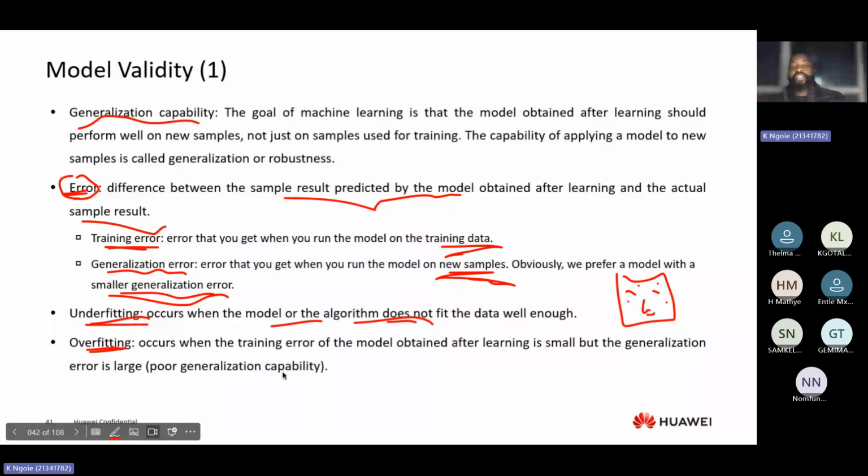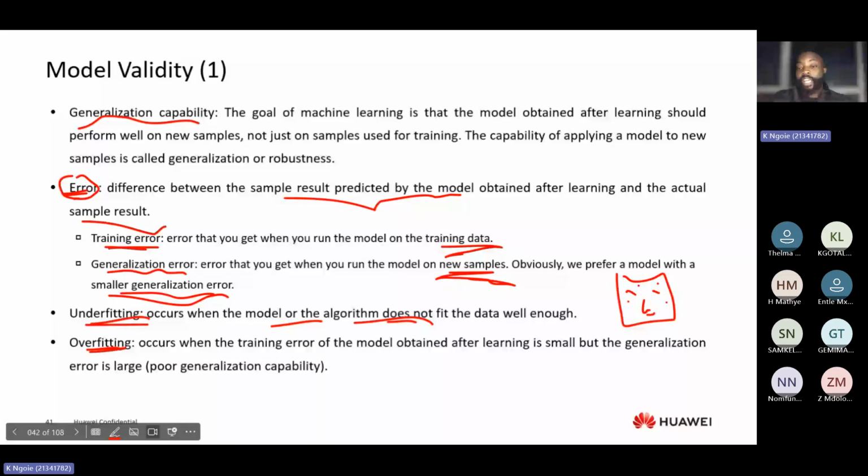Okay, so overfitting will happen when you have a model which is more advanced. It has to check for so many things, but what you really need is just a few things. So in that case, the training error of the model is going to be very small because we are not dealing with a lot of data.